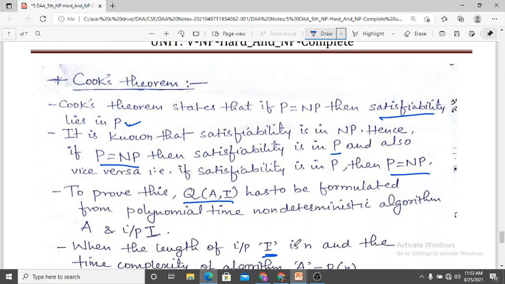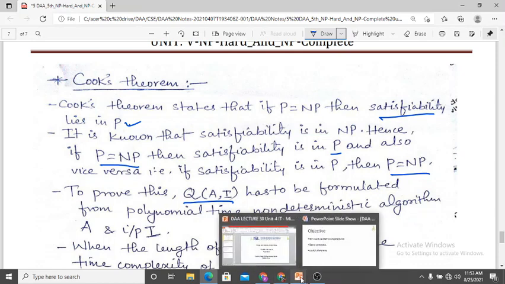Definitely this Cook's theorem will come in the exam, at least for 2 marks for the definition. This is an important topic in the 5th unit. In the 5th unit, NP hard and NP completeness and the basic concept of this is very important.